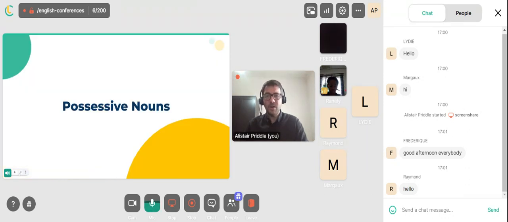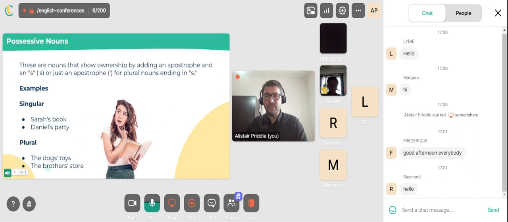We're going to start with possessive nouns. These are nouns that show ownership by adding an apostrophe and s, or just an apostrophe, for plural nouns ending in s.